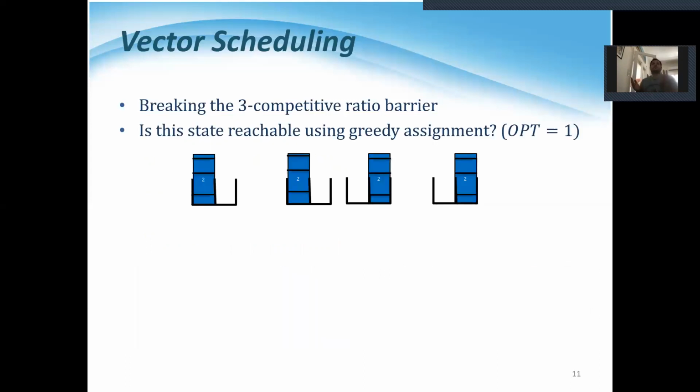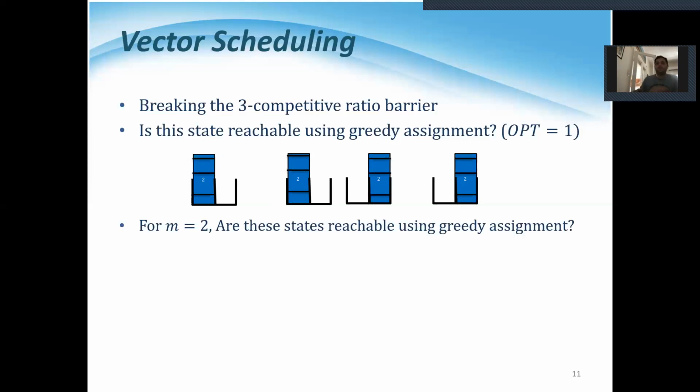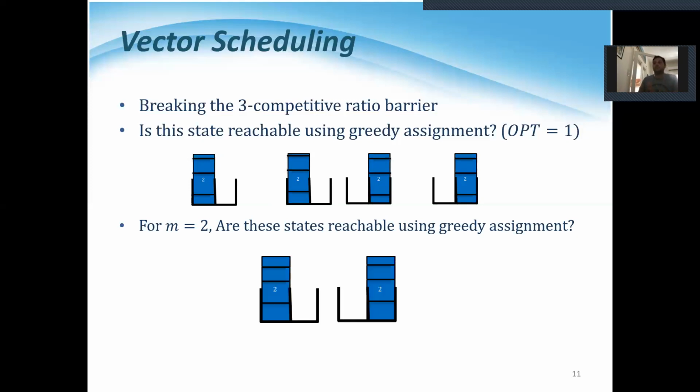Okay, so the first question is whether we can reach this unbalanced state. Answering this question for an arbitrary number of machines may be hard. So let's start with an easier question. For m equal to 2, are the following states reachable using the greedy assignment?